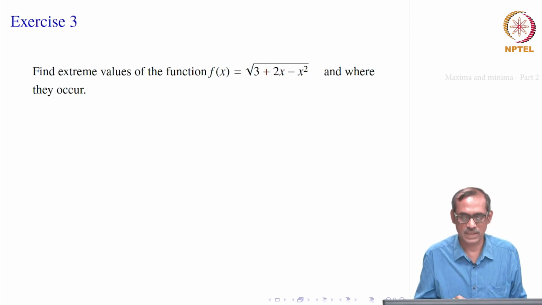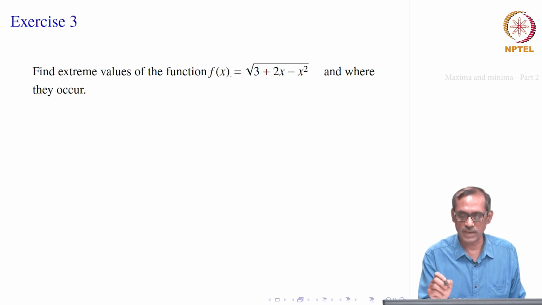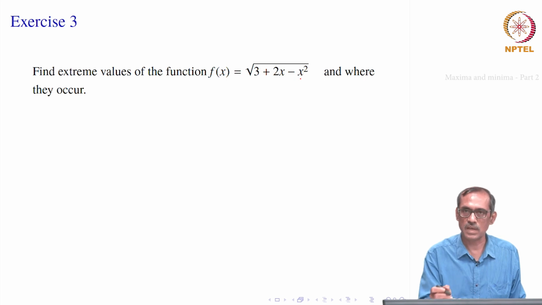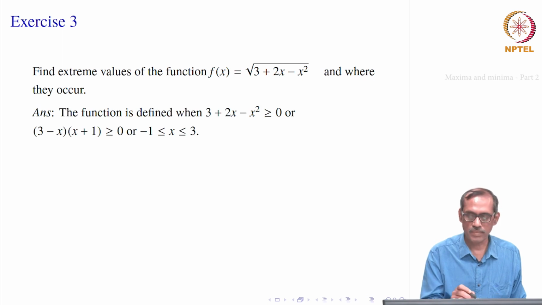Let us go to the next problem. Find the extreme values of the function f of x equal to square root of 3 plus 2x minus x square, and also the points of the extreme values of function f of x. All these things we have to find. So, again we proceed the same way.